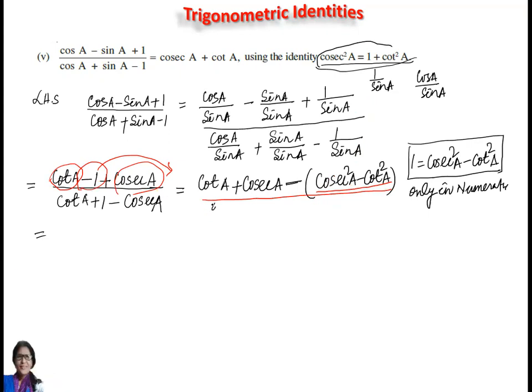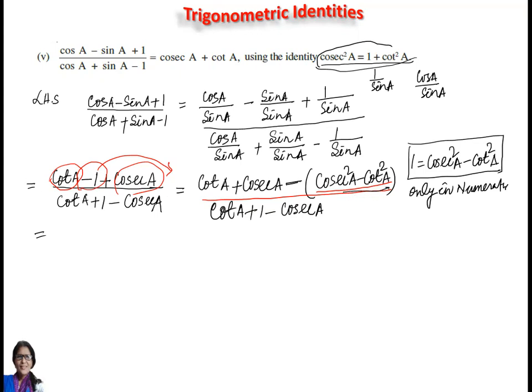So it will write cot A plus 1 minus cosec A. Got it? Then you know that I'll apply algebraic identities. A square minus b square. So a square minus b square is a plus b into a minus b.